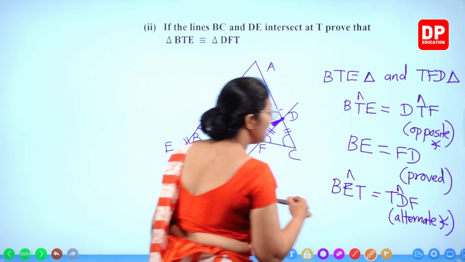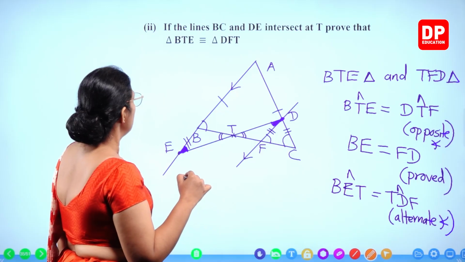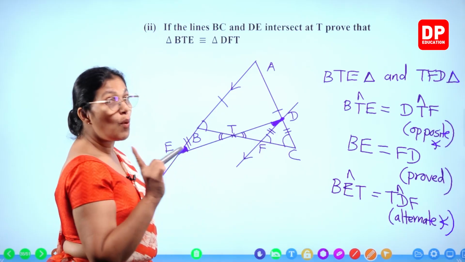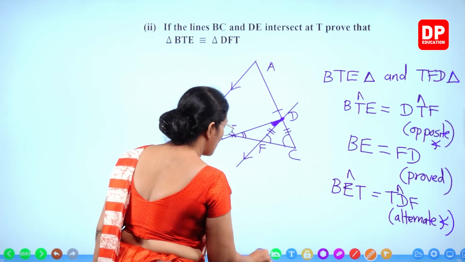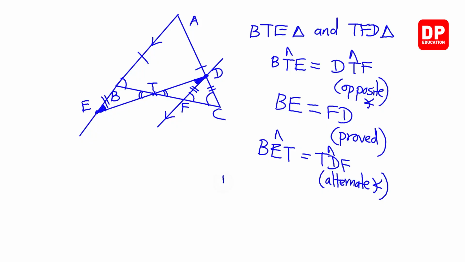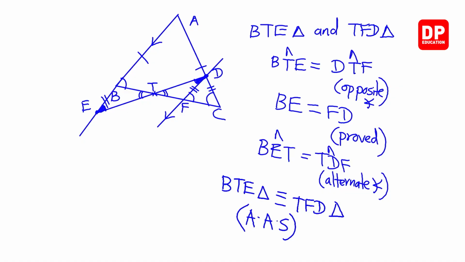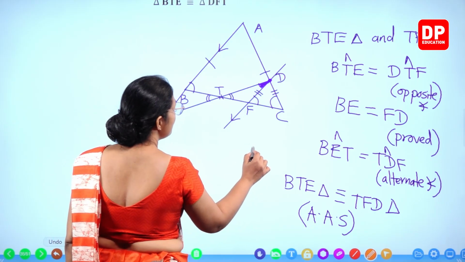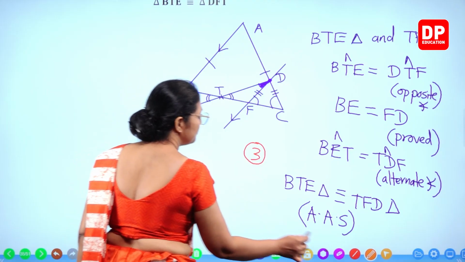Then two angles and one length. The two triangles are congruent, because of angle, angle, side. So you get 3 marks for that.